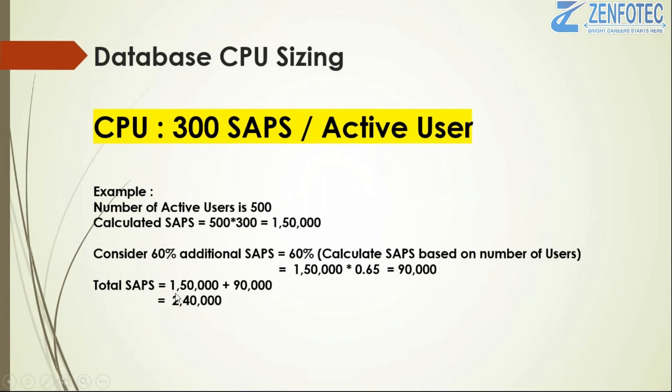You have to share these SAPs with your hardware partner, and based on them, the hardware partner will provide the number of CPUs required to handle 2 lakhs 40,000 SAPs. Different vendors support different SAPs. For example, IBM Power CPUs are more powerful, and Intel based ones have a different CPU architecture, so their CPUs support different SAPs.